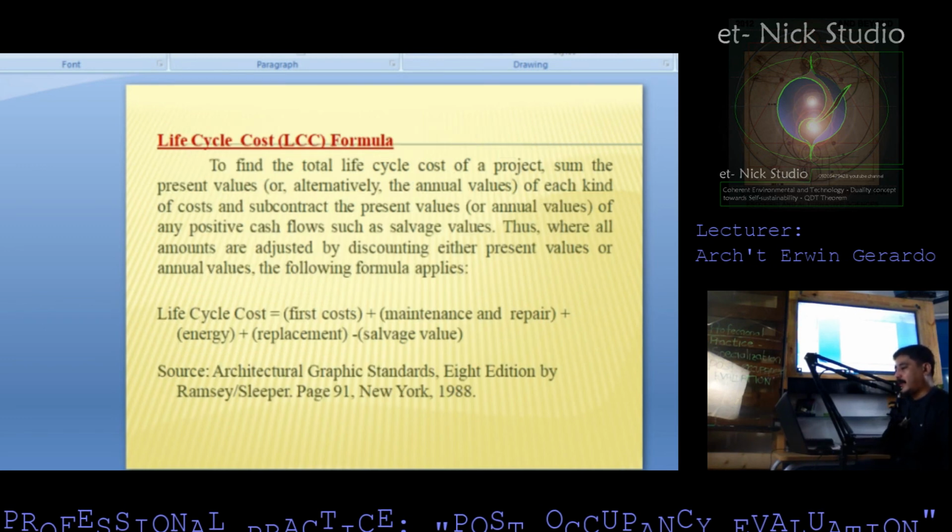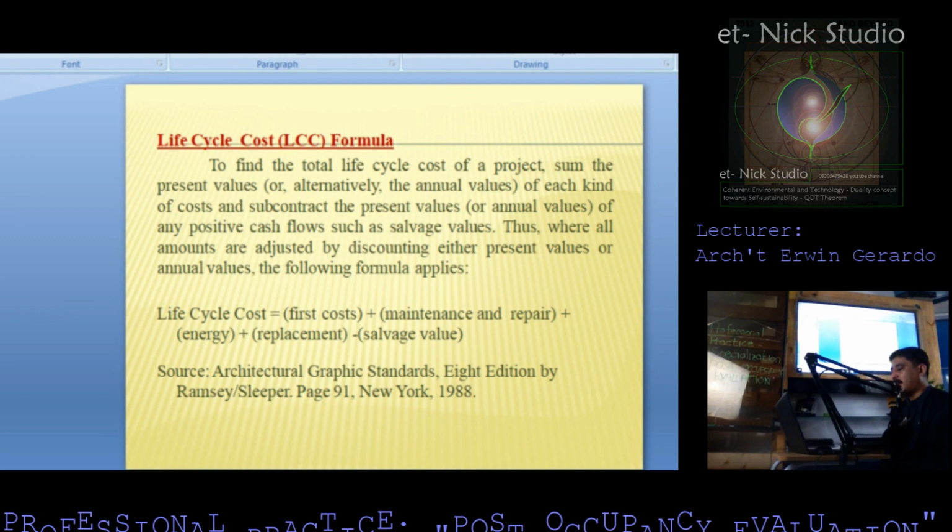Life cycle cost formula. To find the total life cycle cost of a project, sum the present value, or alternatively the annual values, of each kind of cost and subtract the present value or annual values of any positive cash flow such as salvage values. Thus, where all amounts are adjusted by discounting to their present values or annual values, the following formula applies.